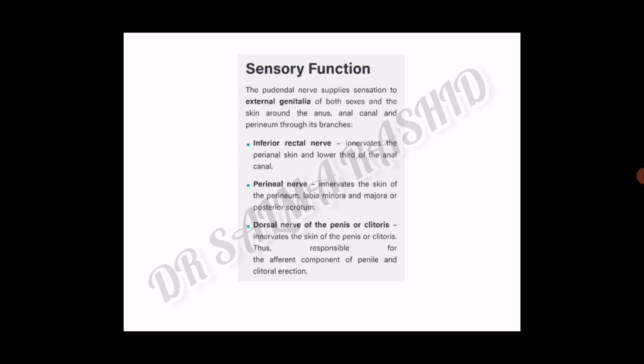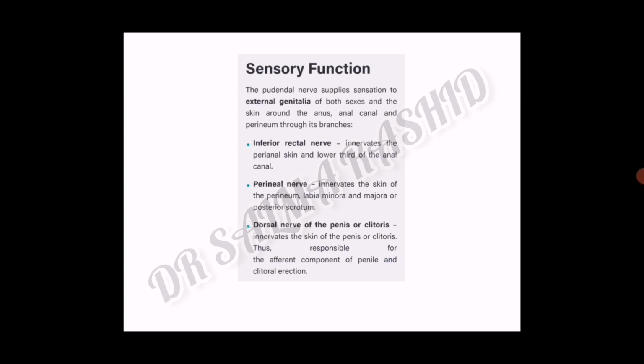Sensory function. The pudendal nerve supplies sensation to the external genitalia of both sexes and skin around the anus, anal canal and perineum through its branches. The inferior rectal nerve innervates the perianal skin and lower third of the anal canal.